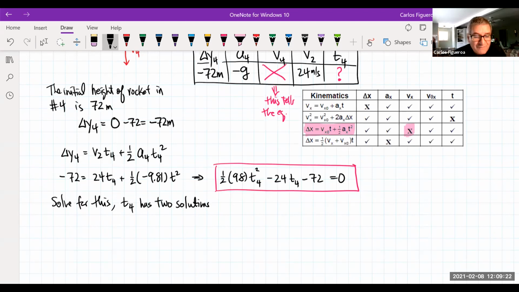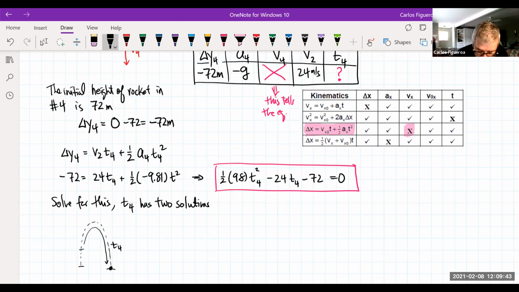But only one of them makes sense here, because if I have the trajectory that goes like this, the trajectory is this later time. The other time would be right here, but that's not what we want. We want this time all the way up to there, which is T4.